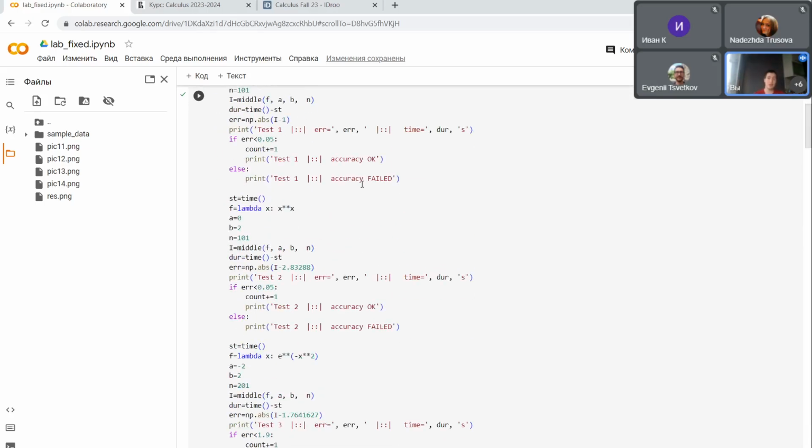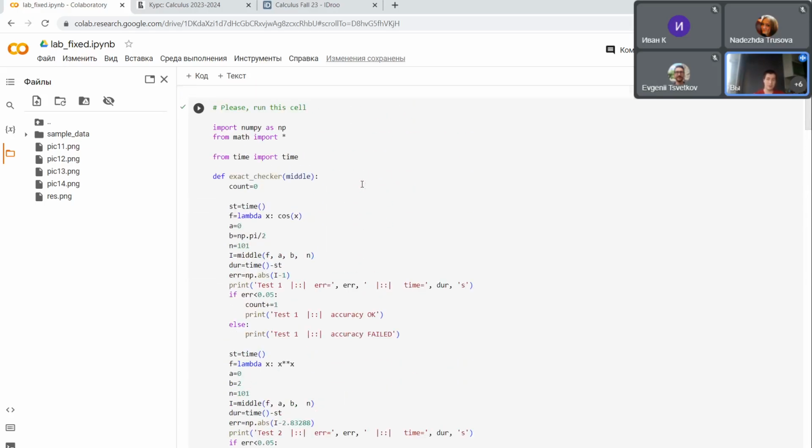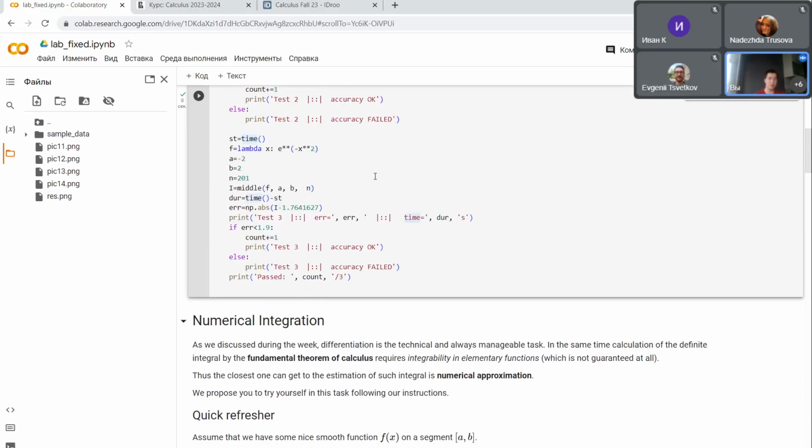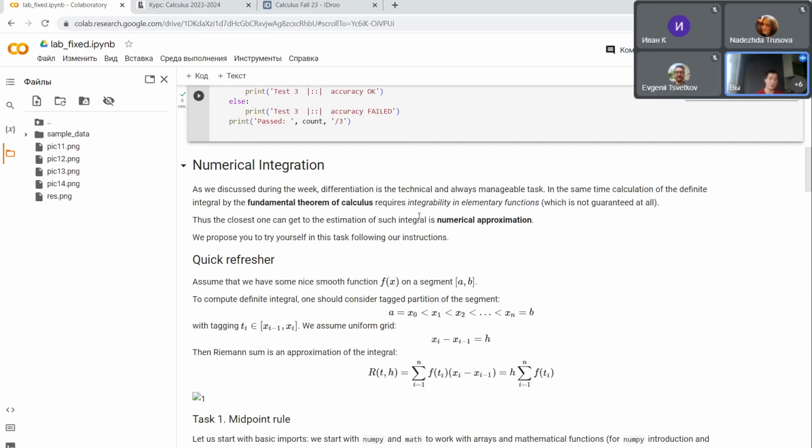Here you can find the file from CheckerPy, and I just ask you to run this cell. That's your first task, just to run this cell. All the material from CheckerPy will be available, and after that you can work with your lab.